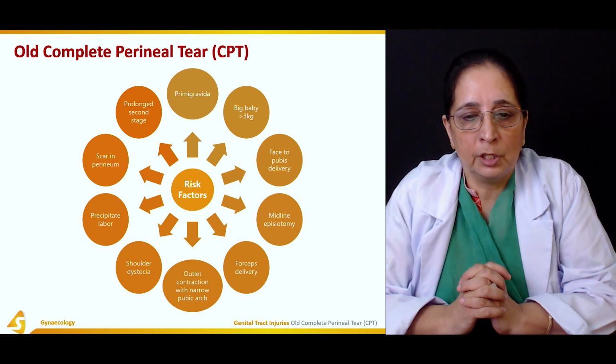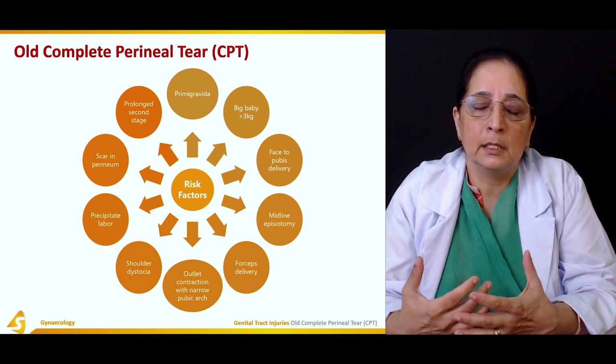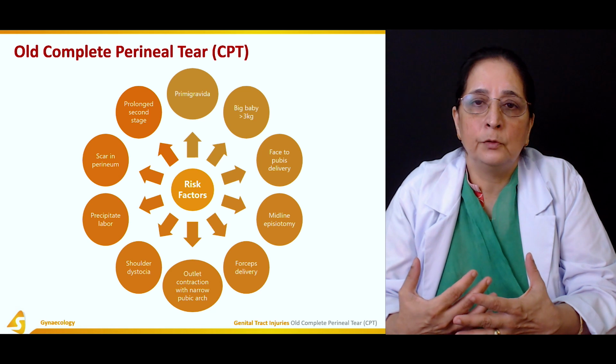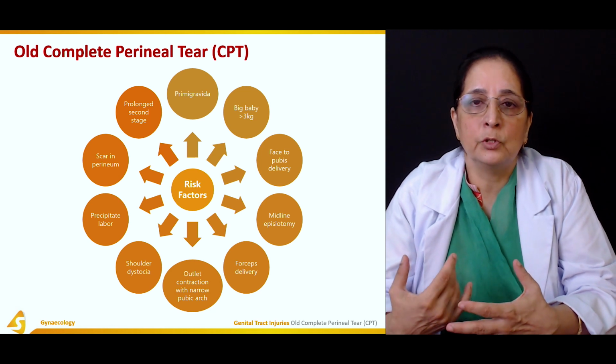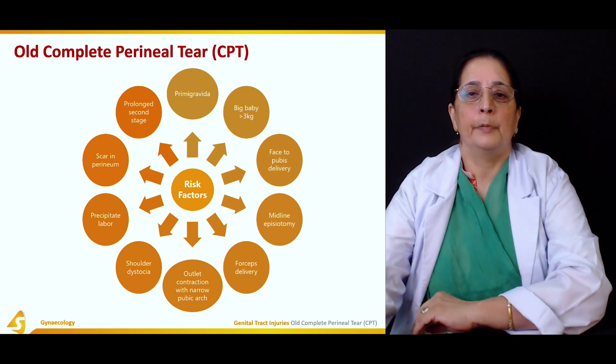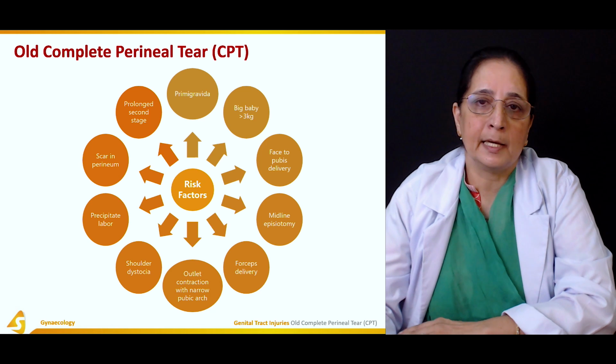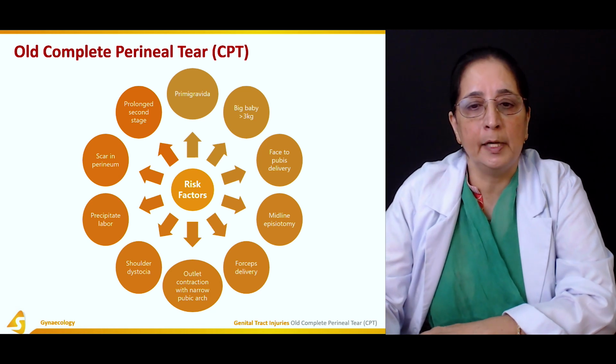Shoulder dystocia, precipitate labor: if there is labor in which too much oxytocin is used or labor is precipitated, it can cause perineal tear. So these are some common causes or risk factors that can lead to perineal tear.